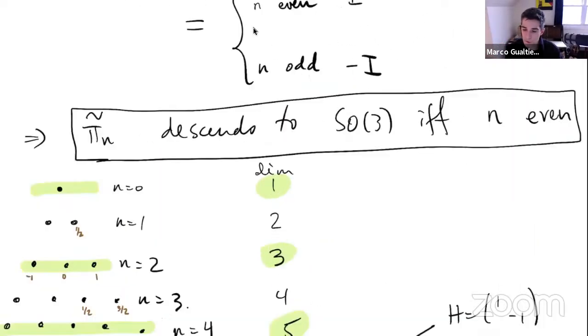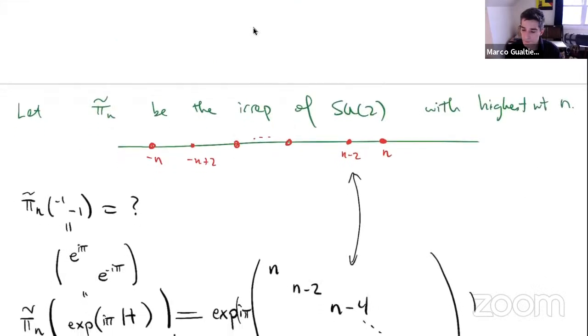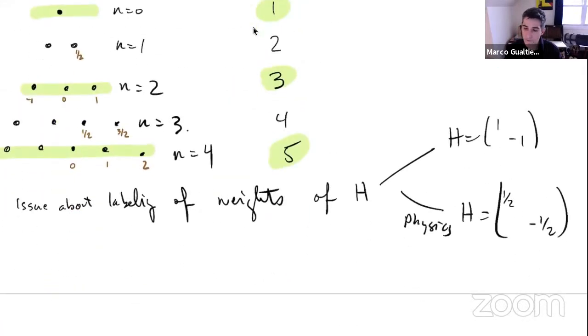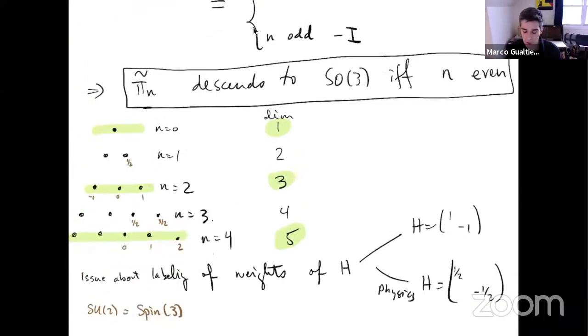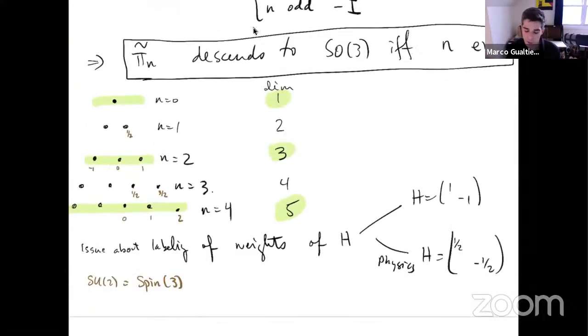They refer to this group as spin. So in physics, and also in math, SU2 is otherwise known as spin 3. Because it is related to SO3, but it has this special nature with respect to SO3, it's the double cover.